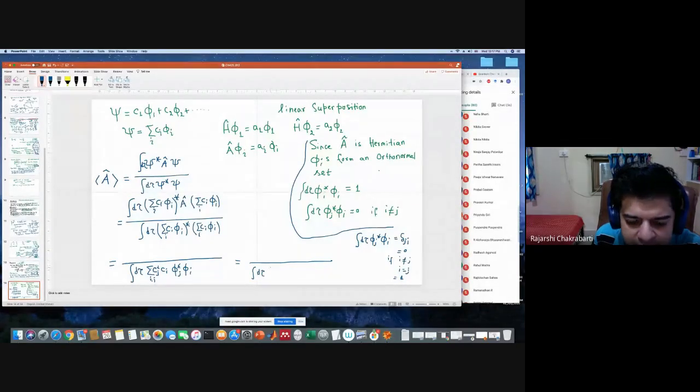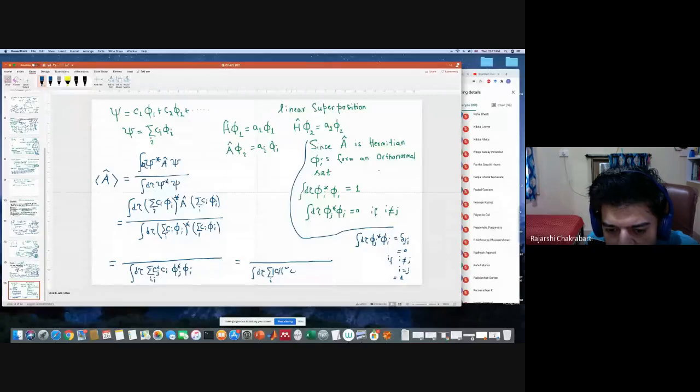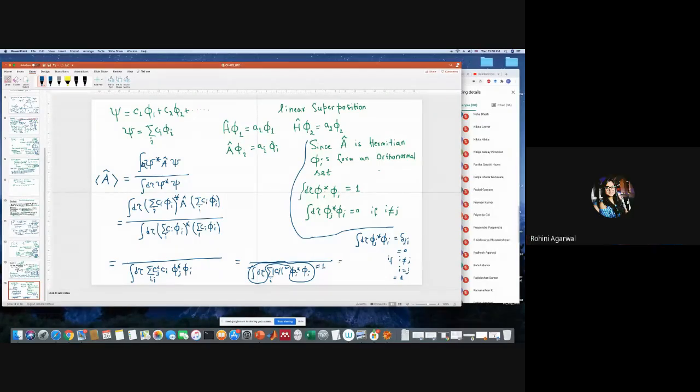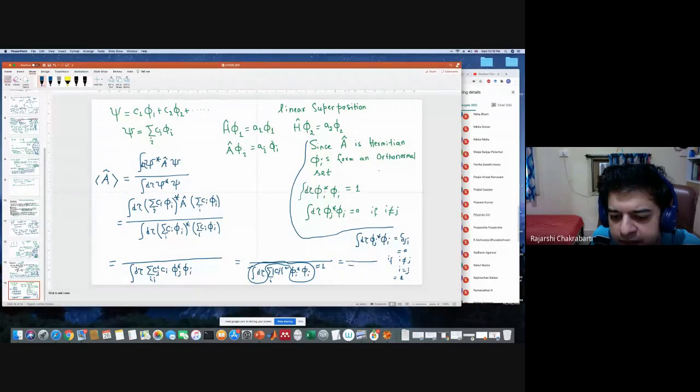So essentially I will have the sum over mod of Ci squared into phi i star phi i. Now what is this integral? Can anyone tell me? If i equals j, this integral equals 1. So essentially in the denominator you have nothing but the sum over i of mod Ci squared. Is this clear?